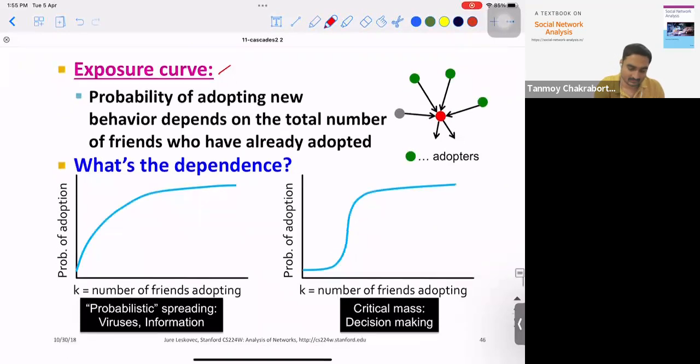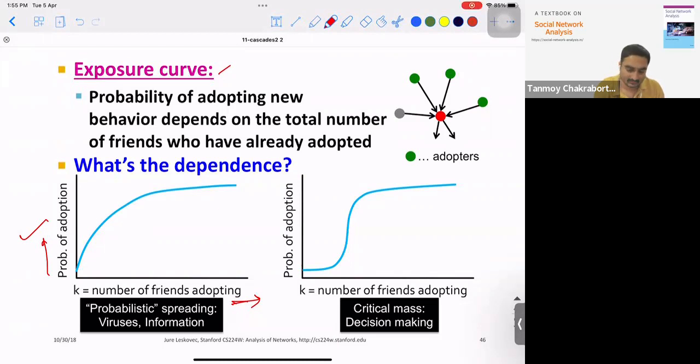Okay, so think about it. Let's assume this curve. The x-axis is the number of friends who have already adapted a particular rumor, for example, and the y-axis says what the probability is that you will also adapt this particular information.